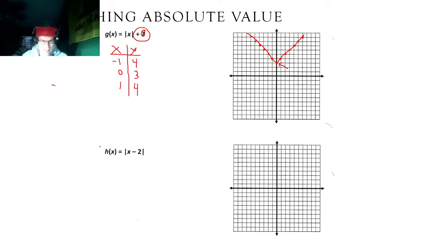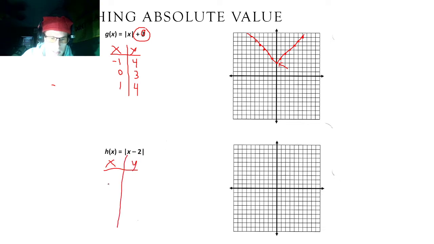All right, and then for example, you have h of x equals the absolute value of x minus 2. So, t-chart, you have x minus 2. So let's do 1, 0, -1 again. So 1 minus 2 is -1. Absolute value of -1 is 1. 0 minus 2 is -2.